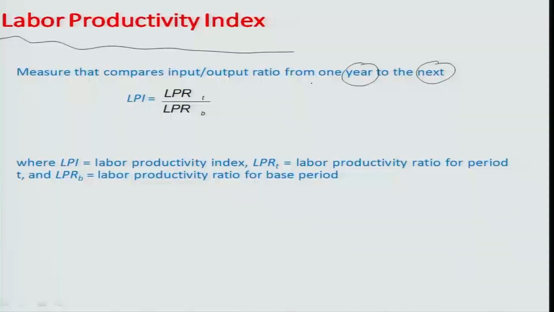So, LPI, or the labor productivity index, is defined as the labor productivity ratio for the period that we are considering with respect to the base period. The base period could be the previous year and the period considered the next year, or the base period could be the previous 10 years and the period considered the current year, to see what the increase in productivity would be after 10 years. That kind of thing can always be on record.